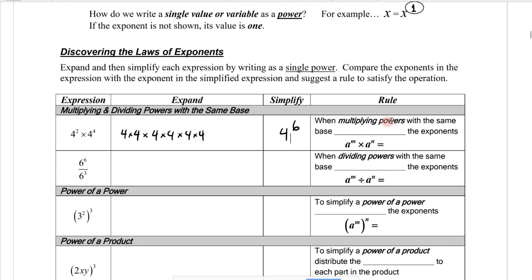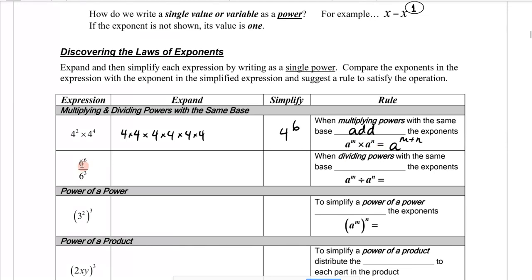So when multiplying powers with the same base, add their exponents. Generally, if I have the base a raised to the exponent m times a to the exponent n, I can write this as a to the exponent m plus n. Add their exponents.